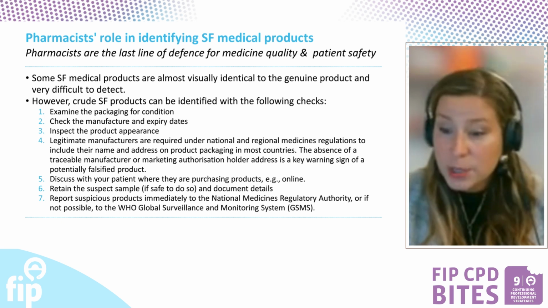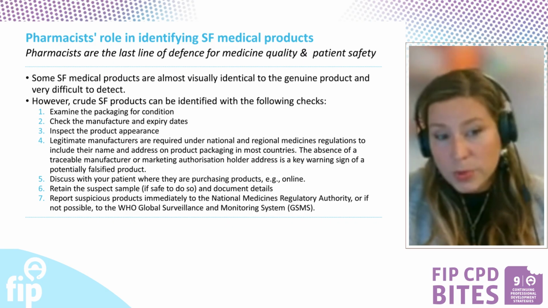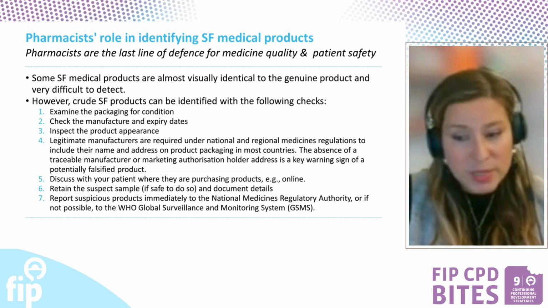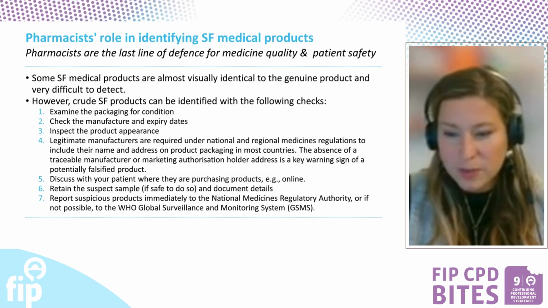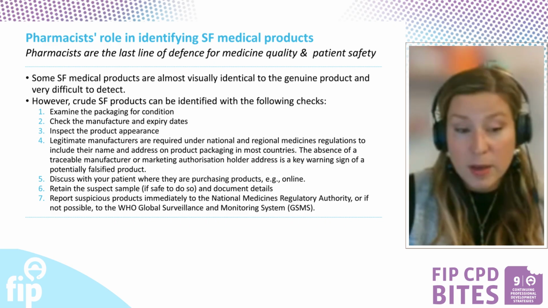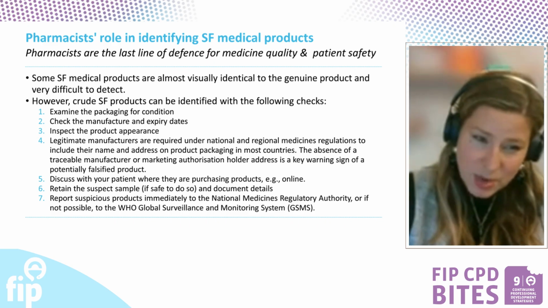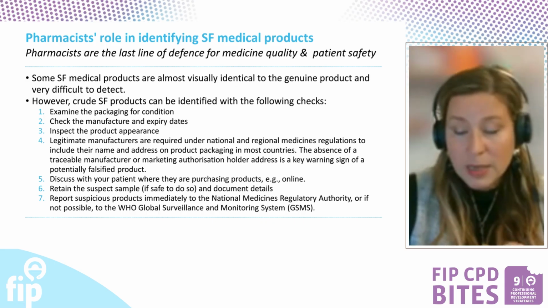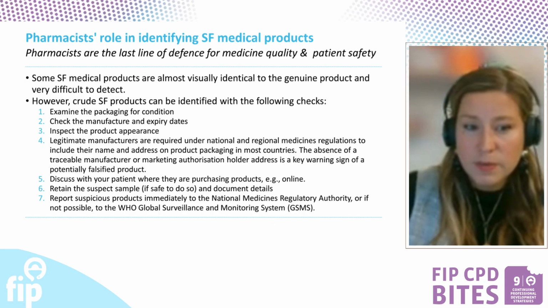Closely examine the condition of the package. In crude falsified products, there will be obvious errors. Even things like spelling mistakes have been reported, inconsistent fonts, grammatical errors, or missing information. In some cases, just because the label had been smudged on the barcodes, that was enough to trigger an investigation, and indeed the product itself was falsified.